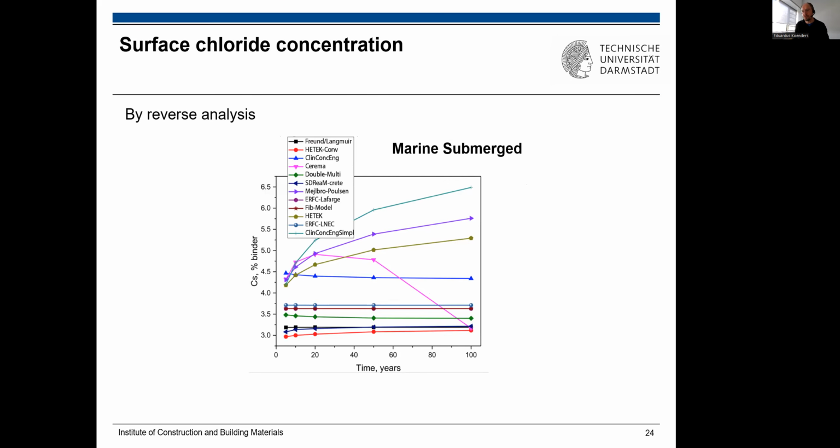And you see here the chloride surface concentration. I was really surprised by this, because we gave them the measured data from this Sweden test, experimental test data, and finally we got back this input data.